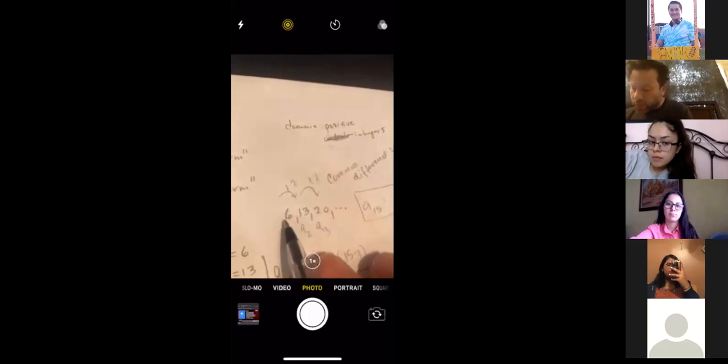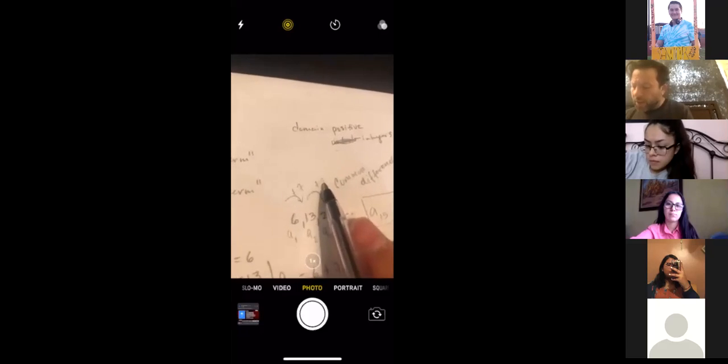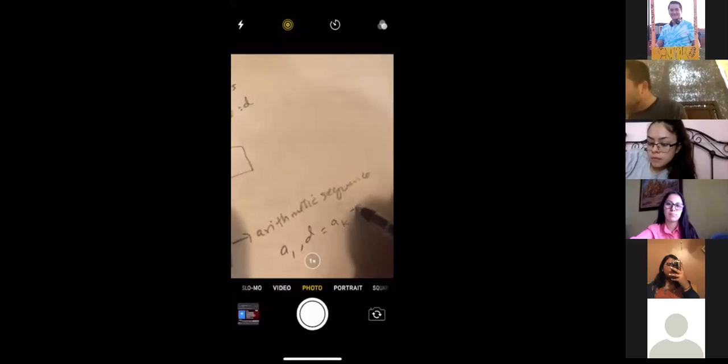Well, how do you find the common difference? I know that I'm going up by what here? To go from 6 to 13, I go up 7. 13 to 20, I go up 7. So then I know D is 7. But how can I find D? This common difference D, I can find by taking a term, whatever that term is, and then subtracting the previous term.